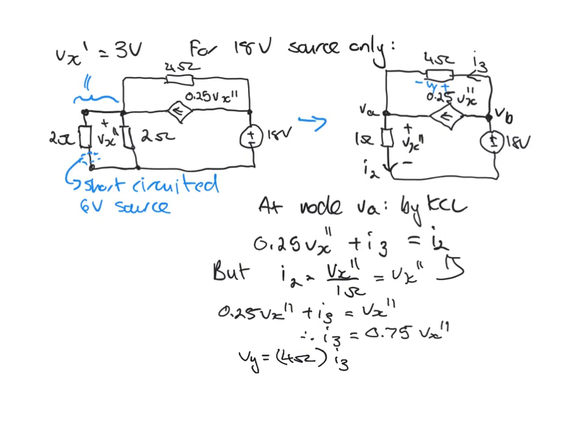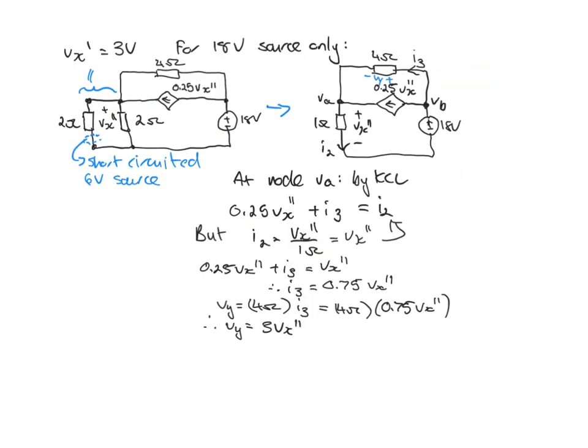And so from the equation above, it's equal to 4 ohms times 0.75 Vx double dashed. And so therefore Vy is equal to 3 Vx double dashed.